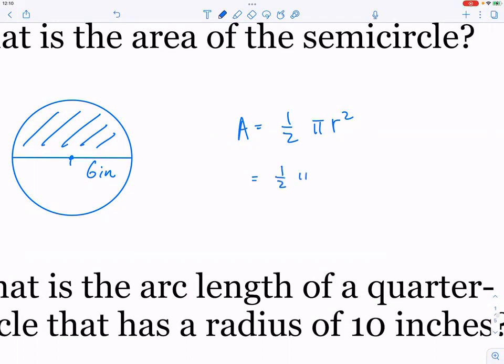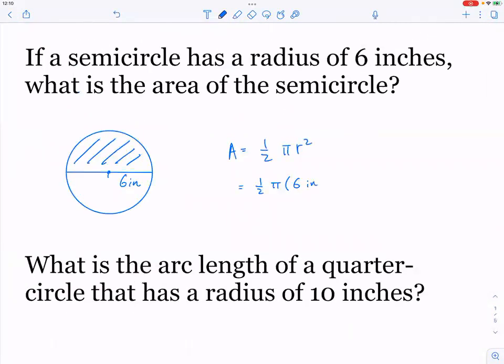So 1/2 pi r squared, which would be 1/2 pi and then 36 inches squared. And that is 18 pi inches squared. When you answer questions, especially in math, you would always express the exact answer, meaning that you don't round, you don't approximate.